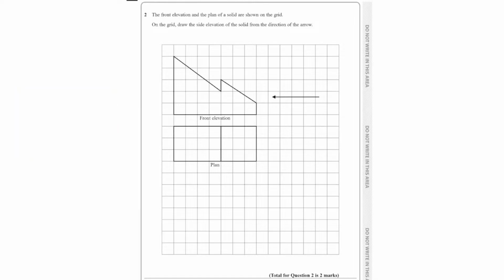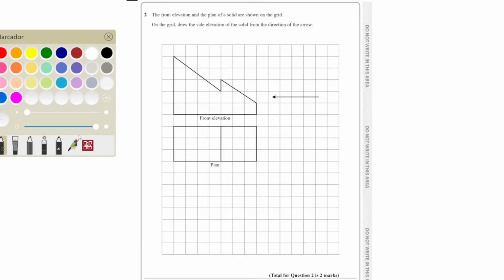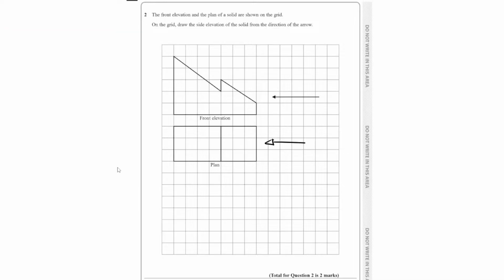You can obviously draw it anywhere on the grid just as long as you've got enough space. You can see from the plan how wide the shape should be, because technically you're still looking, I guess, from that direction, aren't you? So the width of it would be 3 squares across, wouldn't it?